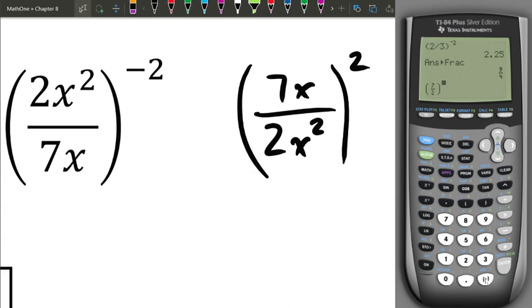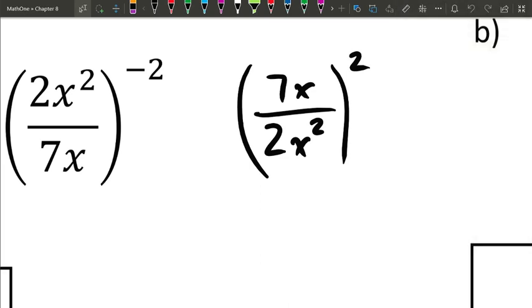I'll use -2 again so I can deal with the arithmetic. Well, that's going to be 2/7 to the positive second power, right? That's going to be 2/7 squared, which would be 4 over 49. So I can just look at that and say, hey, that's 4/49. And it is, right?